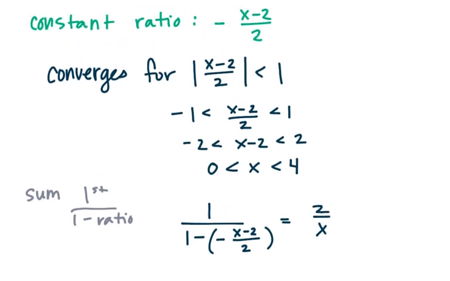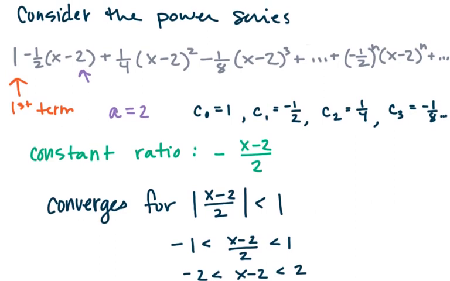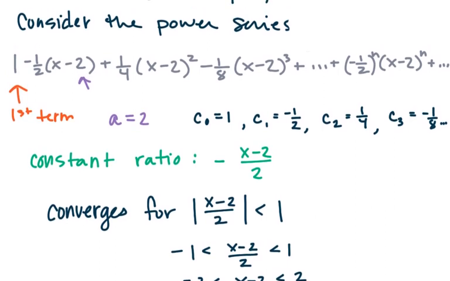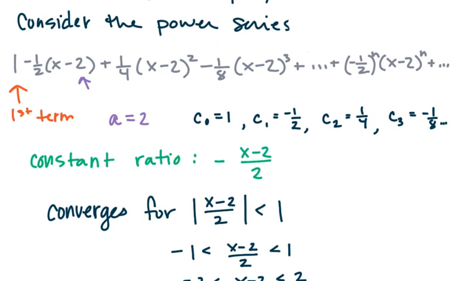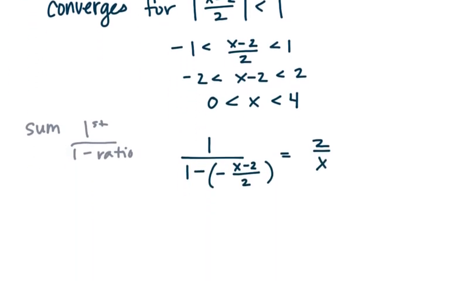So the sum of the series we started with will be equal to this value, 2 over x.